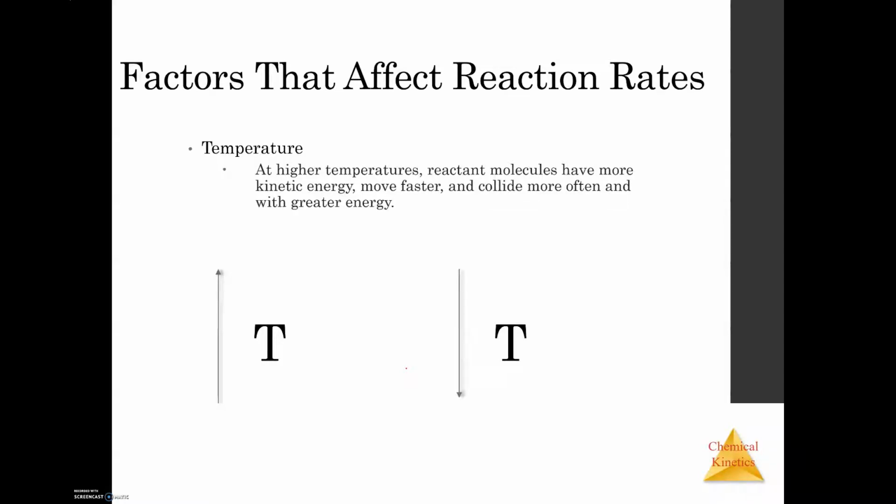If you want to make something last longer, you're going to decrease the temperature. You've probably seen movies talk about cryogenic states, where it's super cold temperature and they freeze a human body.